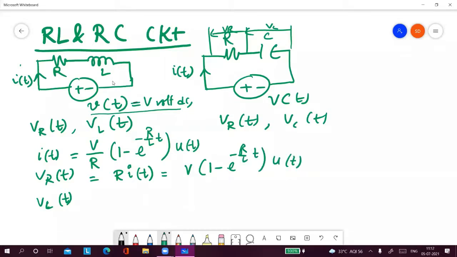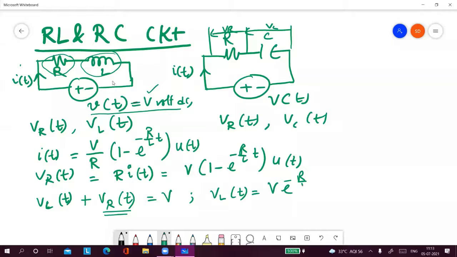And we know the voltage drop across resistance plus the voltage drop across inductance is equal to the applied voltage V. So VL(t) plus VR(t) is equal to V. Now we already know VR(t), so we can find VL(t) by substituting VR(t) here. So VL(t) is V into e to the power minus R by L t. I think you know all these things.